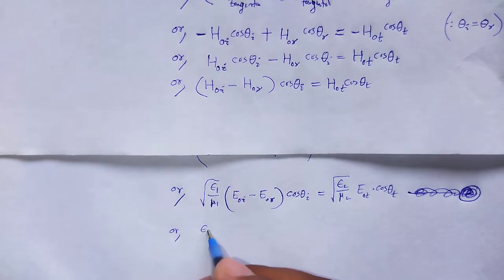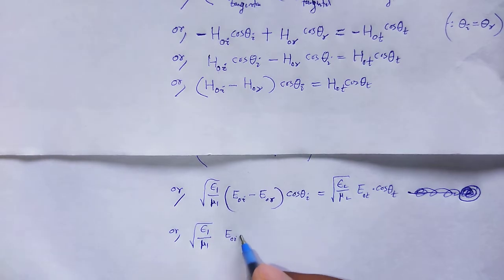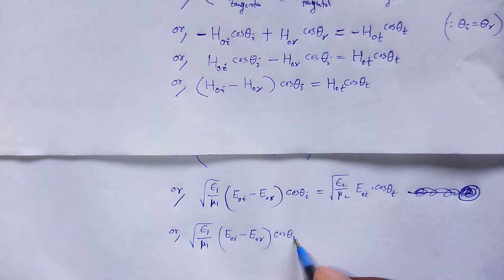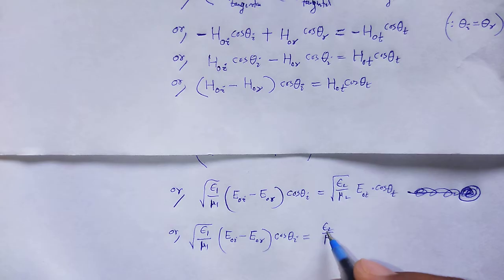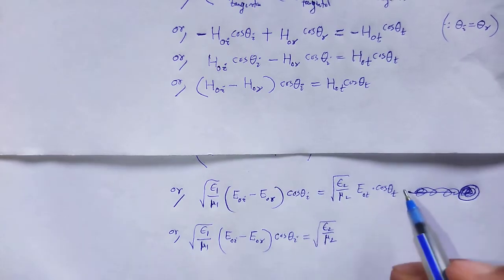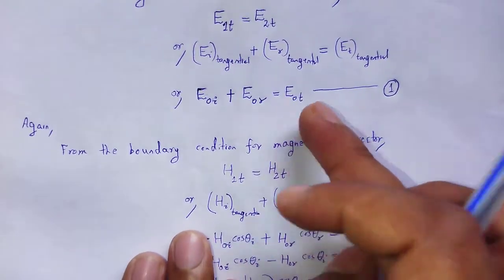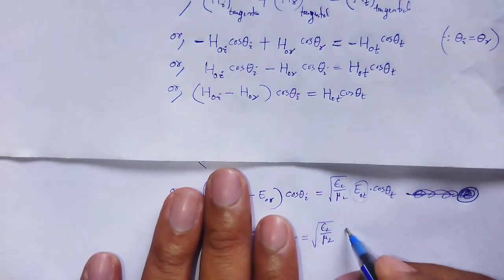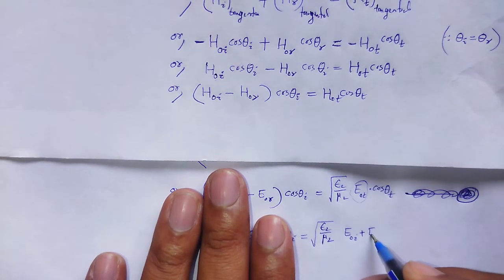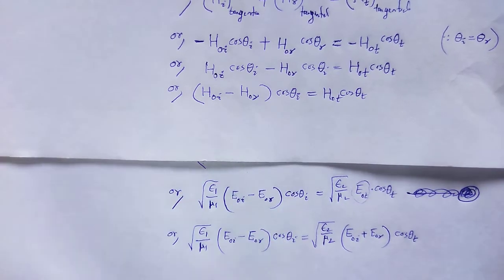Or square root of epsilon 1 by mu 1 E0I minus E0R cos theta I is equal to square root of epsilon 2 by mu 2, in place of E0T, look here, E0T is equal to E0I plus E0R, E0I plus E0R cos theta t.